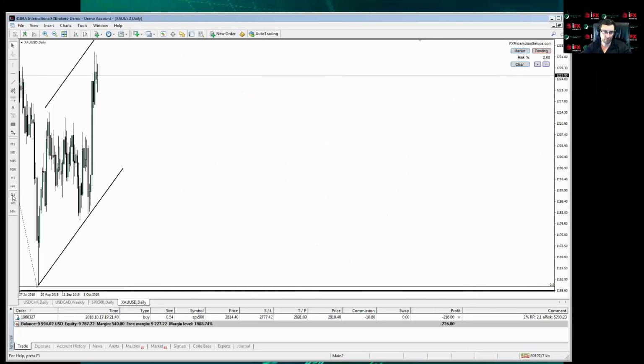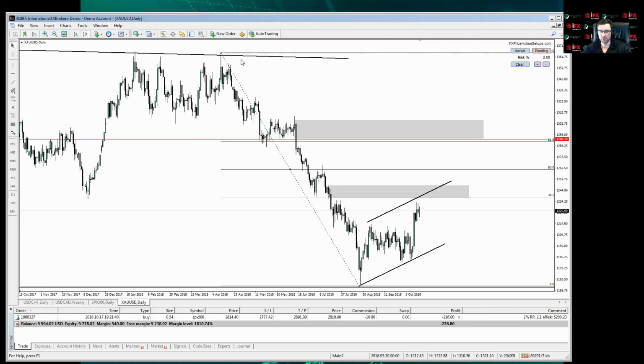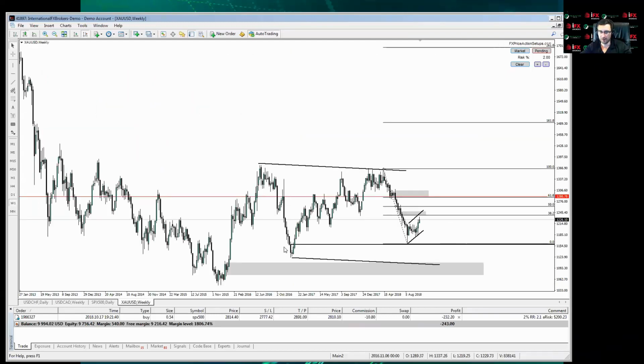So what happened on gold again is we had this big move down, and it went straight into, almost to this last weekly order block or institutional level. Like I say, we'll discuss those sort of footprints in the market, and then it started making a reversal pattern.